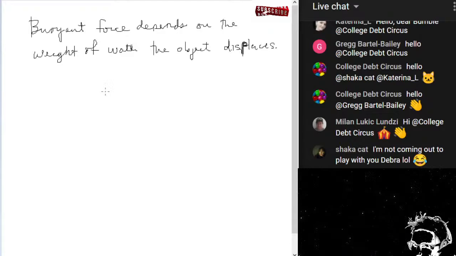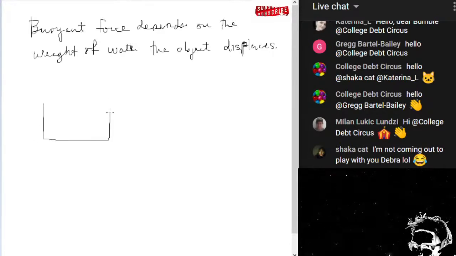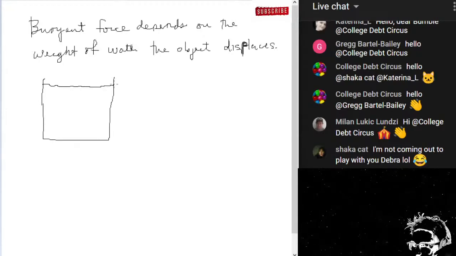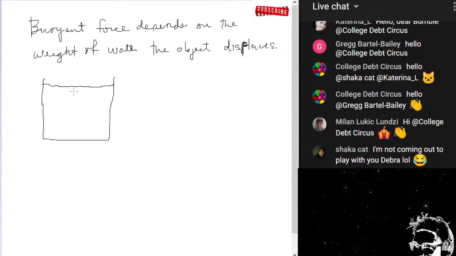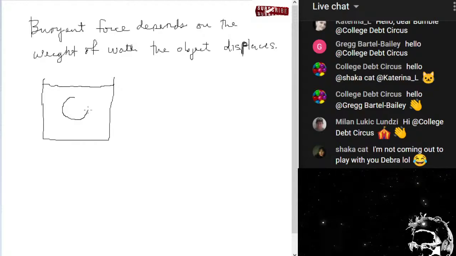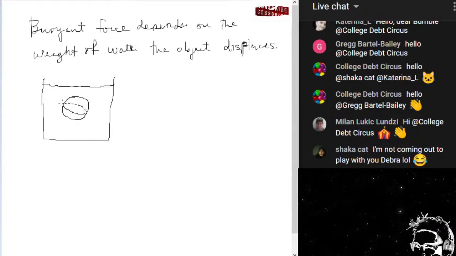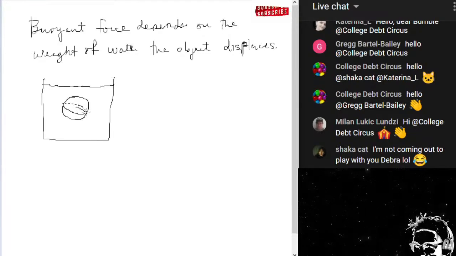So let's just take an example here. Here we have a container and water here, and I have a ball. Got a ball like this. It's three-dimensional. This radius r.